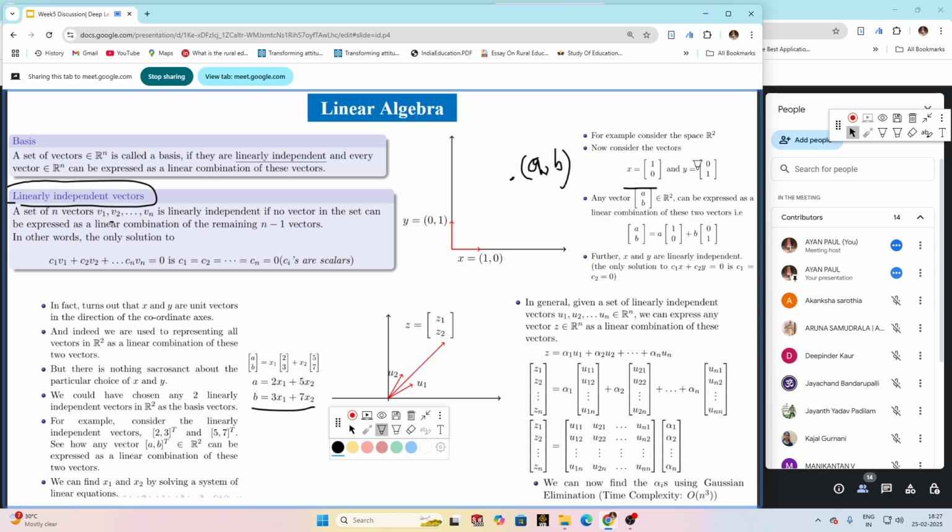So those are orthogonal vectors. And they are orthonormal because they are unit vectors, that means the magnitude of these vectors is 1. That is why the coordinate axis basis is an orthonormal basis, and that is why we prefer to project our data in an orthonormal basis.